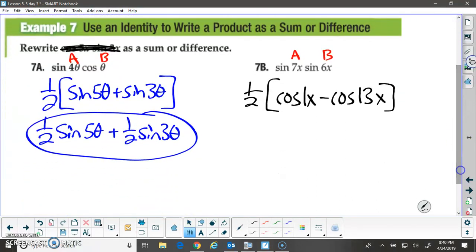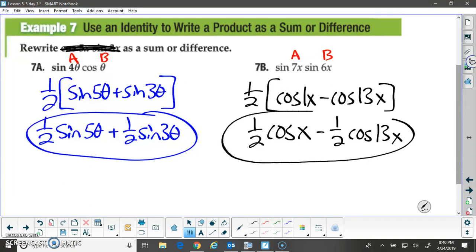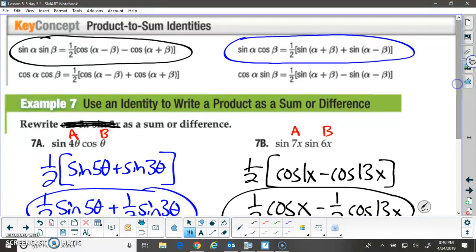Again, I'm going to distribute. So that'll give us the expression 1/2 cosine of x minus 1/2 cosine of 13x. So that is just using these product to sum identities.